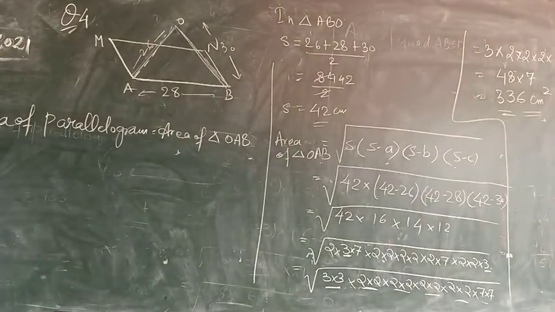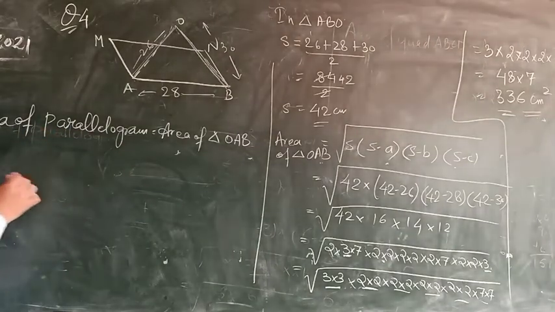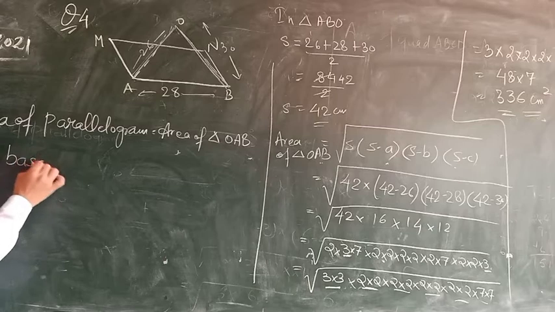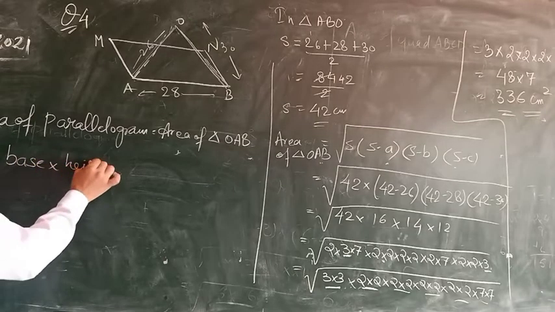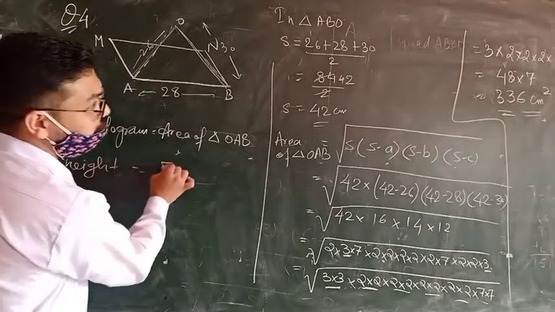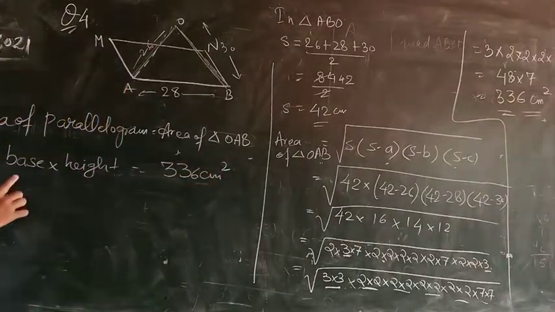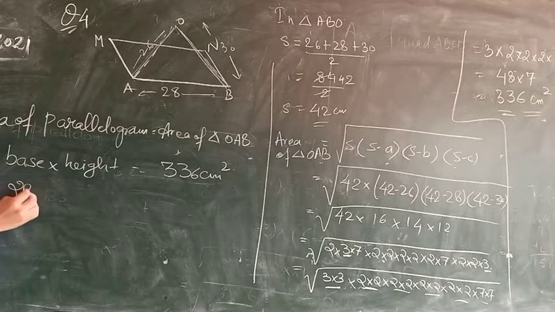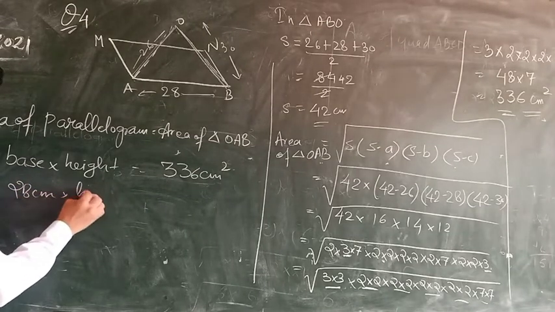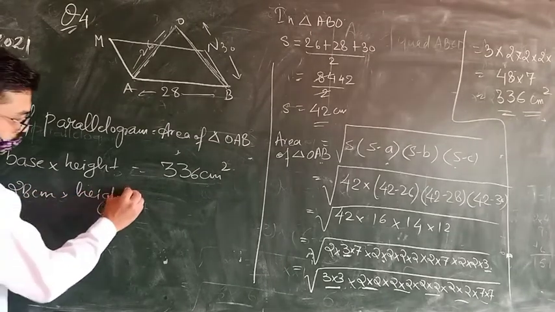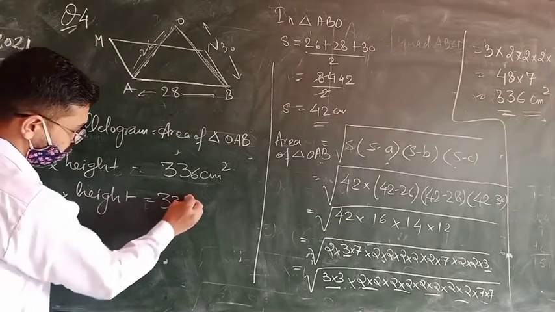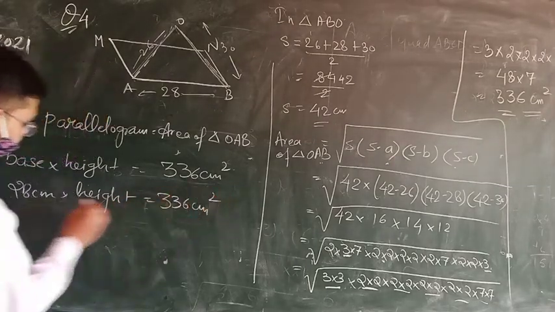Okay. Now the area of the parallelogram is base into height, and the area of the triangle is 336 centimeter square. Base is given, 28 centimeters. Height you need to calculate.